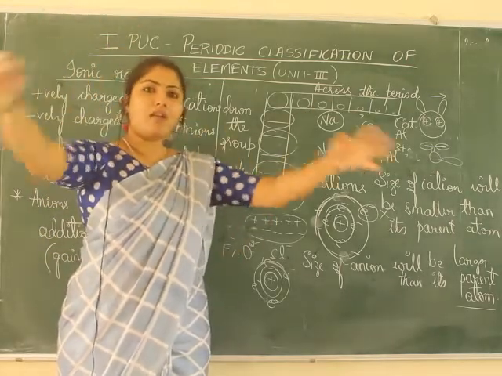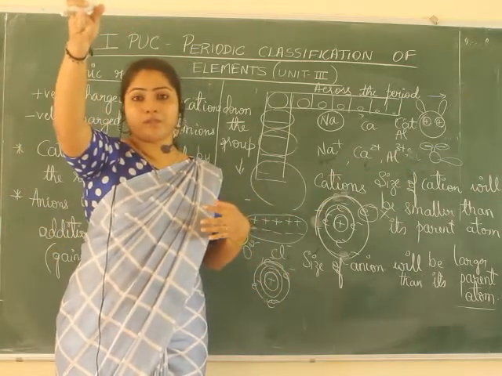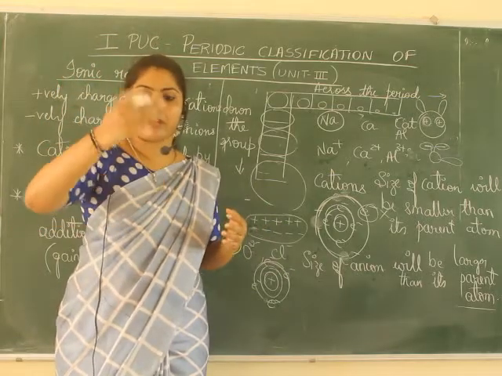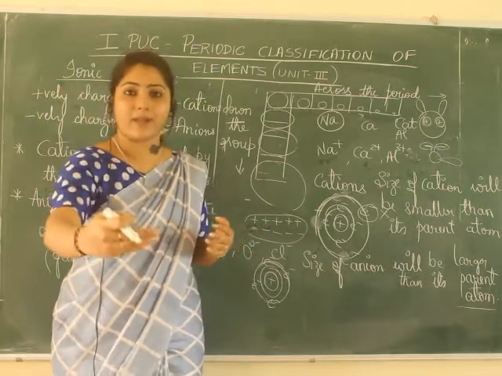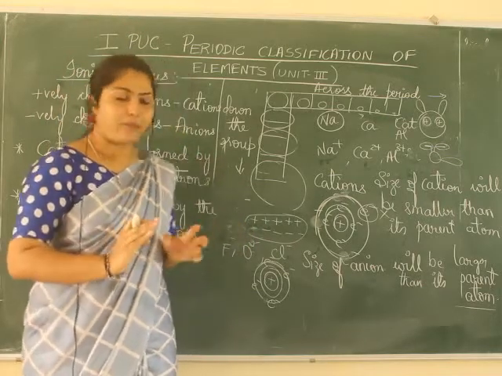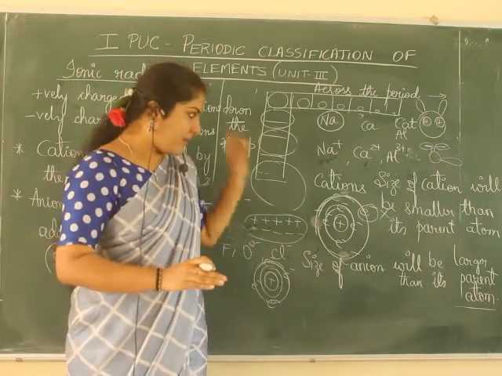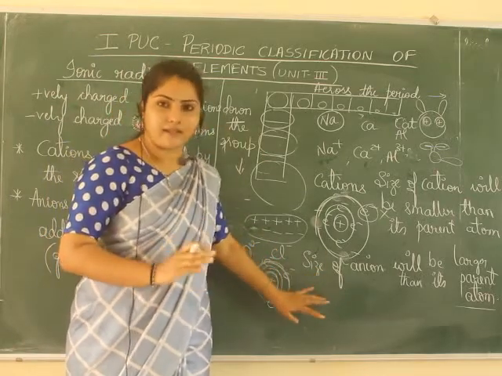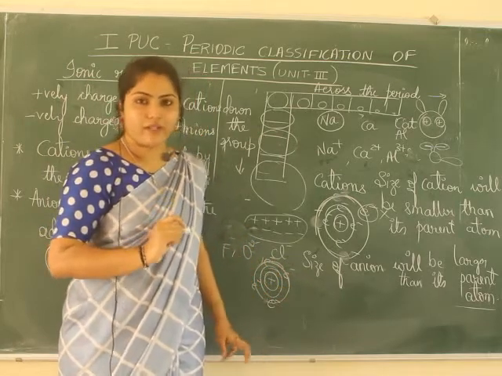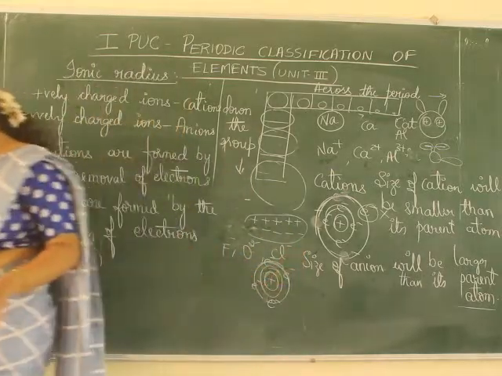See, it's a large atom. The outermost electron the nucleus has to pull. You know about the shielding effect, isn't it? Shielding effect means inner electrons will act as a screen. So the outer electron will experience less nuclear pull. That can be your reason for this. I haven't written this on the board, but you can just make a note of it. The reason is important. So hope this concept of cation and anion is clear.